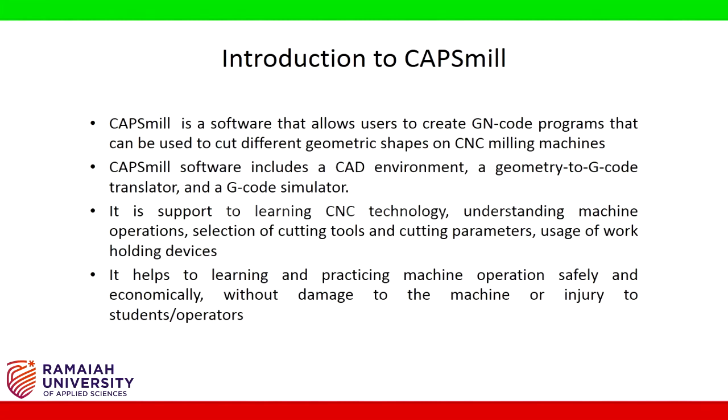It supports learning CNC technology, understanding machine operations, selection of cutting tools and cutting parameters, and usage of work holding devices. It helps in learning and practicing machine operations safely and economically without damage to the machine or injury to the students or the operators.